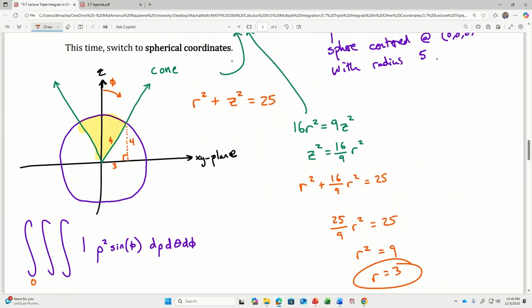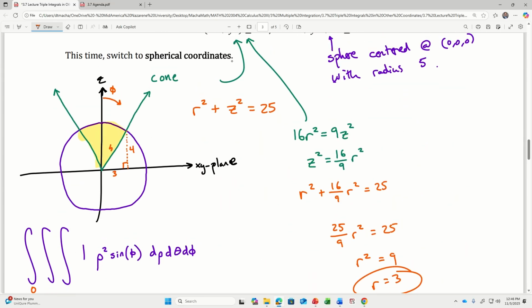The arctangent of z over r. Right, because this is z, this is r, this is a right triangle. Although, wait a second. This is actually the right triangle I'm thinking of. This would be phi.